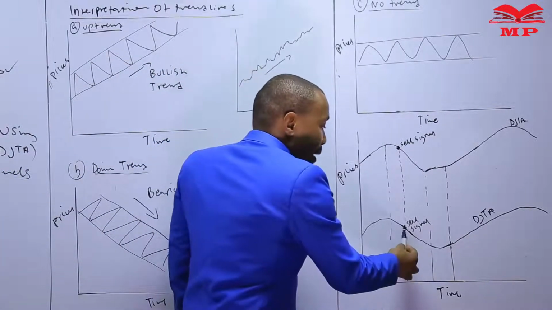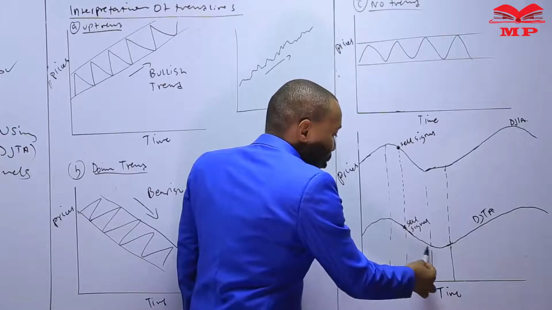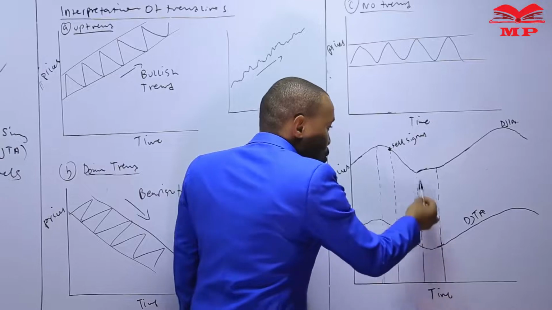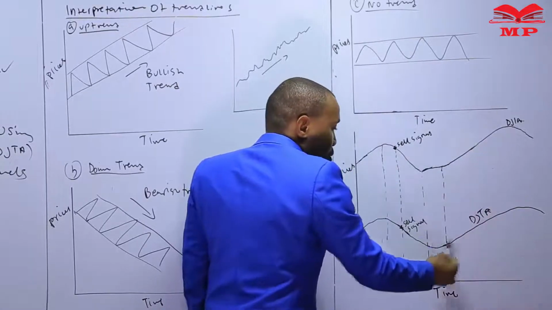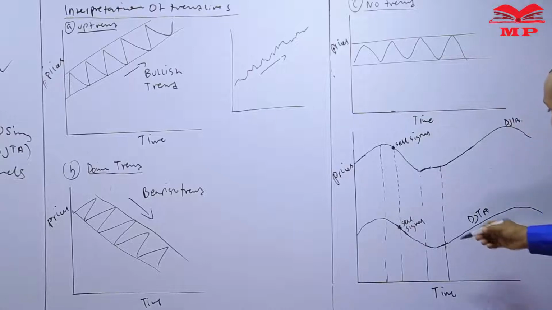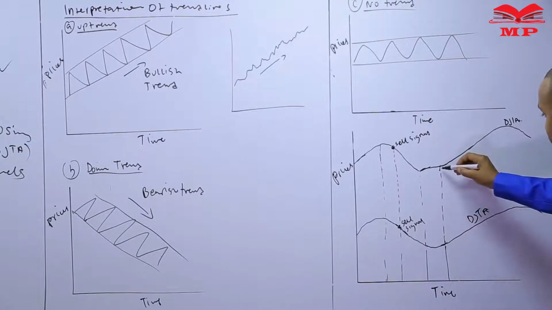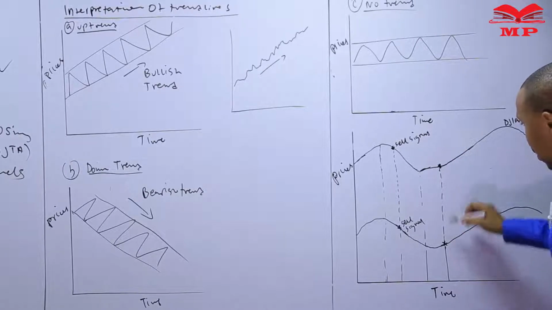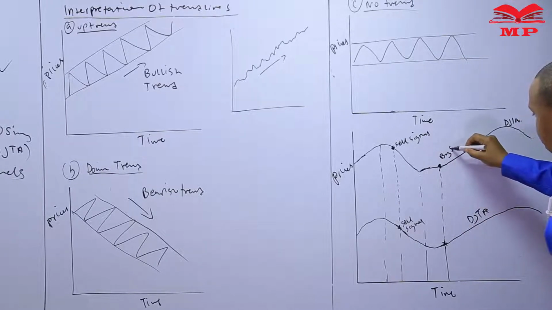However, after some period of time, remember this is time, what happens is that the Dow Jones Industrial Average and the Dow Jones Transportation Average provide an indication of when to buy and sell. At this point is where you should have a buy signal. This part here, buy signal.